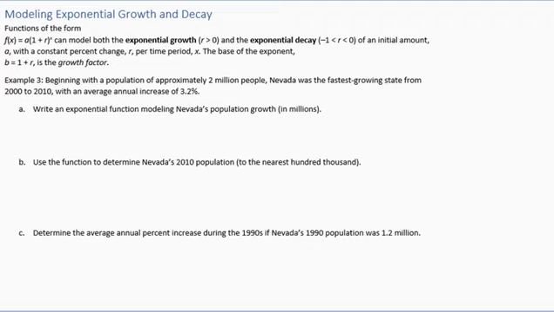We just have to realize that our numbers are dealing with millions. So what we want to do here is write a function. So f of x is equal to a times (1 plus r) to the x power.